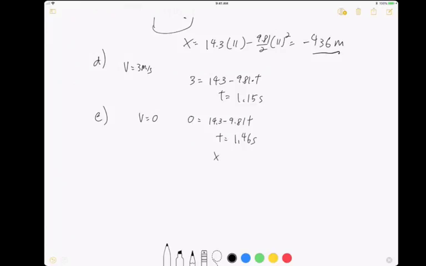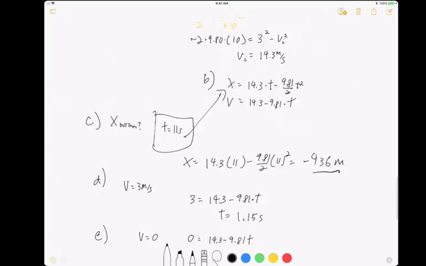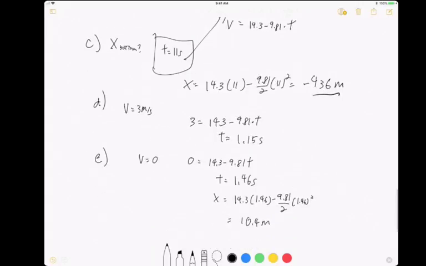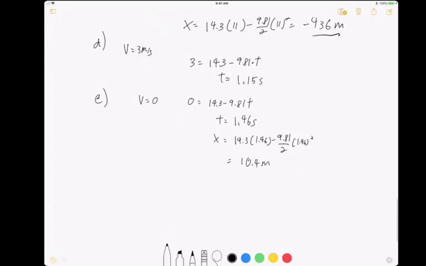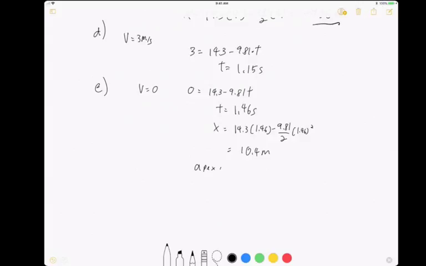And at 1.46 seconds, its position is 14.3 times answer minus 9.81 times answer squared divided by 2. That's 10.4 meters. So the apex is 10.4 meters higher than the bird.